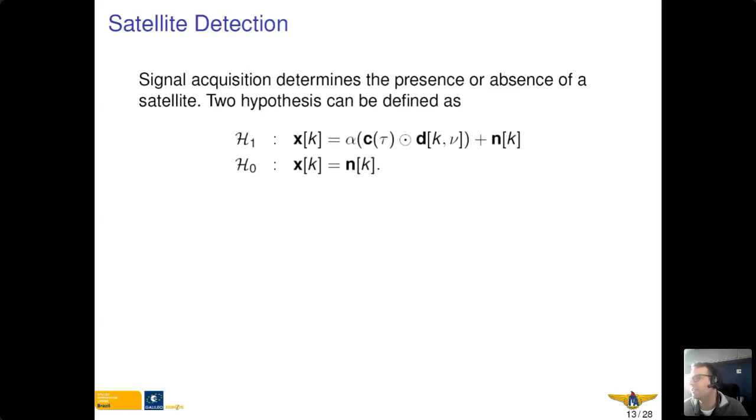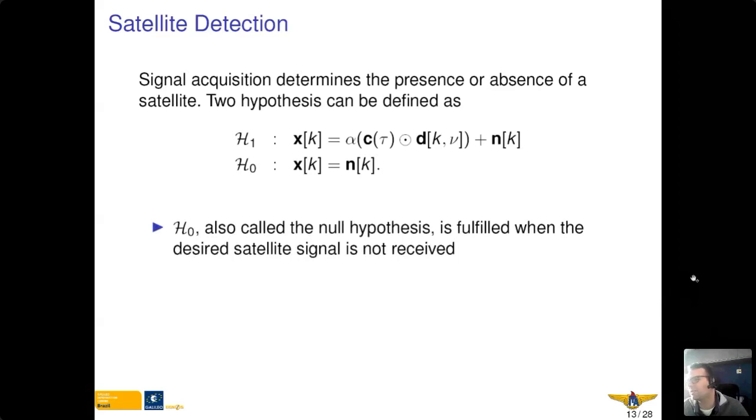Either the satellite is present, then we have alpha c(t) Hadamard d(k)(nu) plus noise, or the signal is just noise for this respective satellite. If we only consider one satellite, and as I said, we can separate satellites by code, this model also holds if more satellites are present.